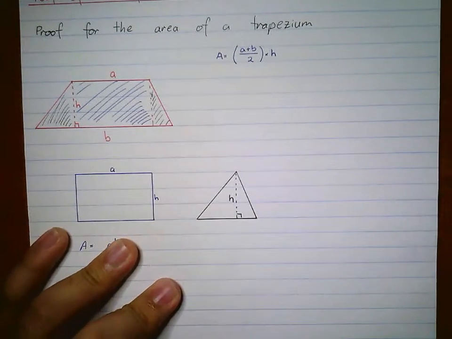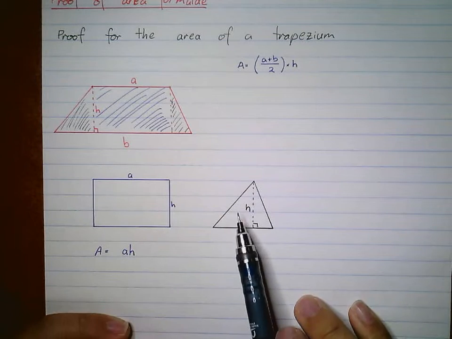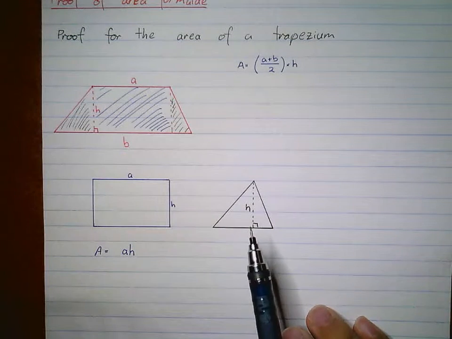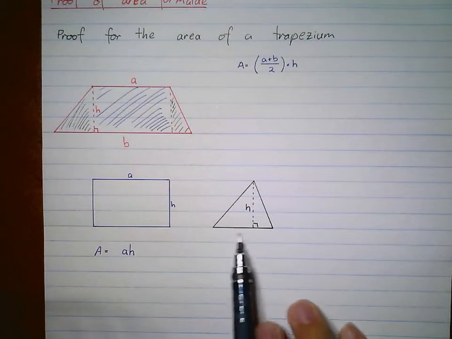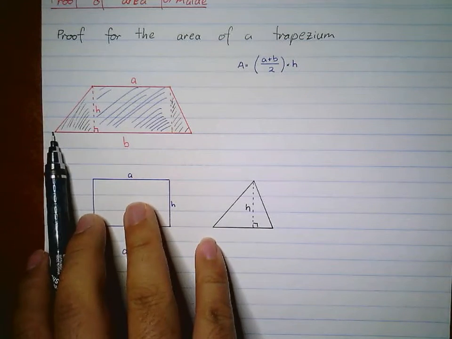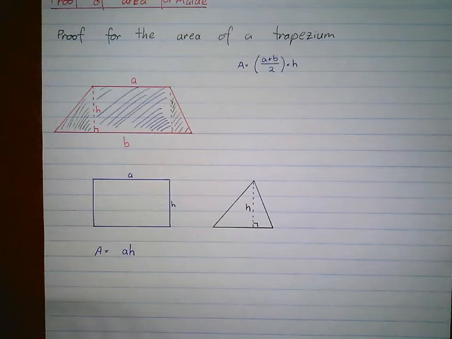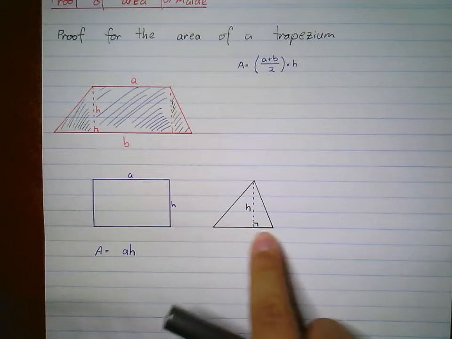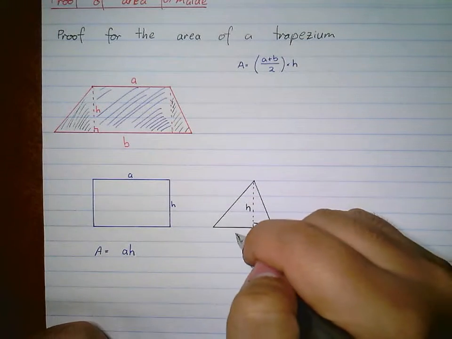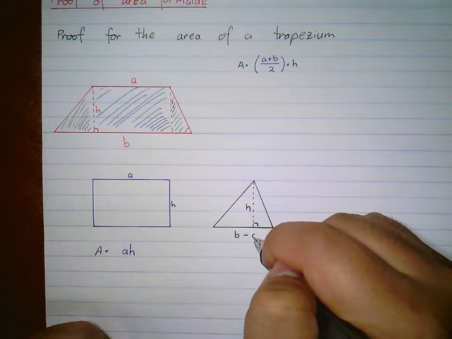But now, we don't want to use actual numbers. So how we calculated this length was we took the length of b and subtracted a. So the length of this base is actually b minus a.